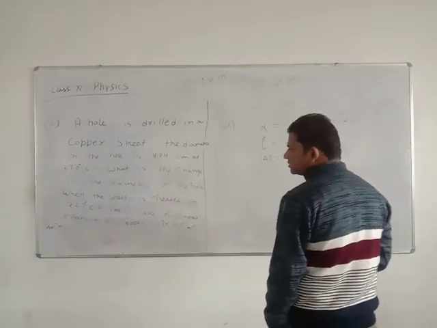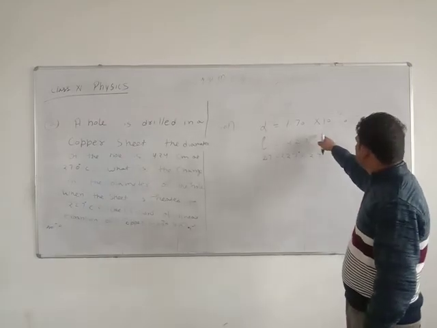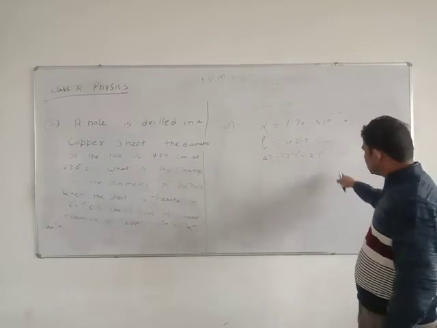meaning 200 degree centigrade. Students, all the values in this question are in CGS units, because alpha is given in degree centigrade, L is given in centimeter, and del T is given in degree centigrade.